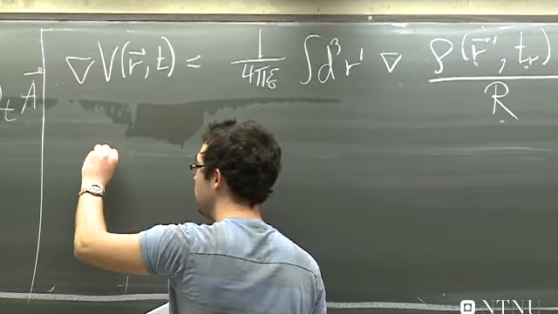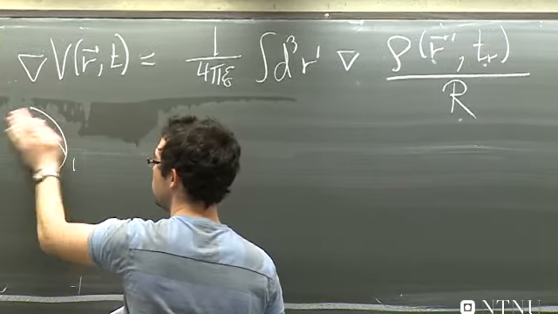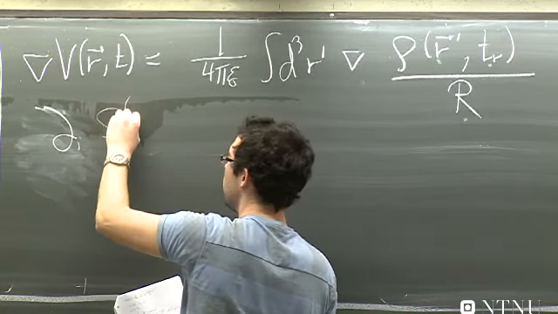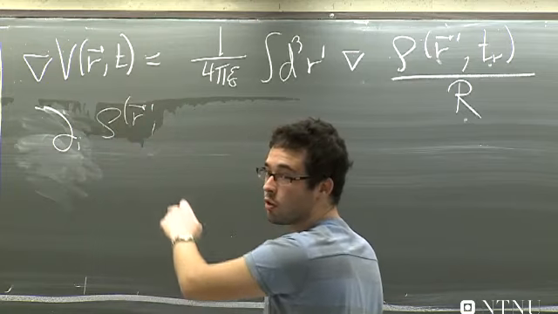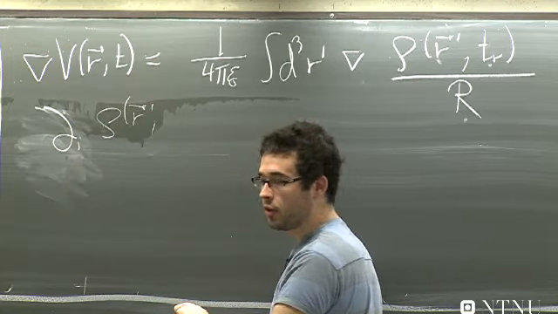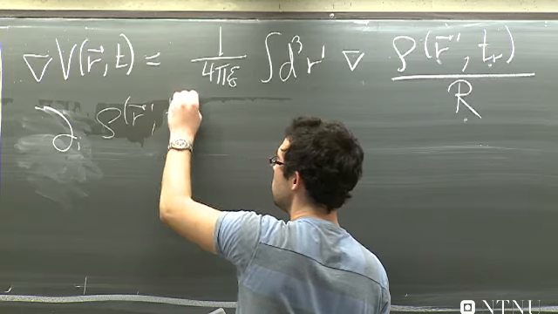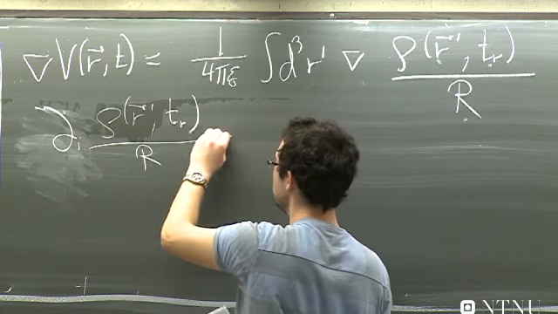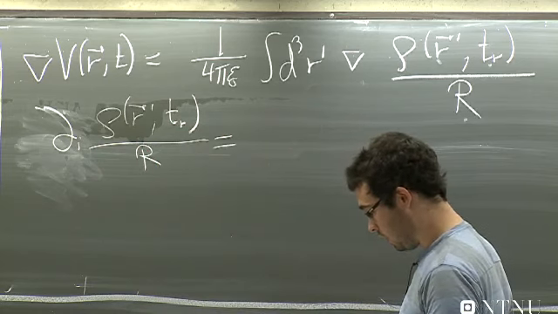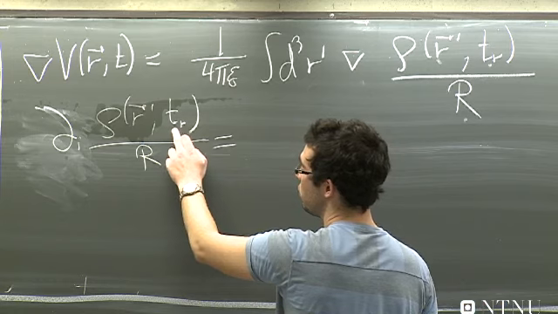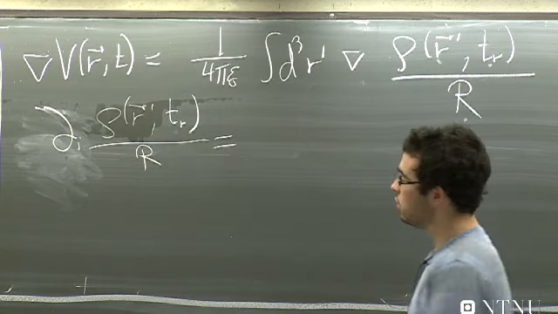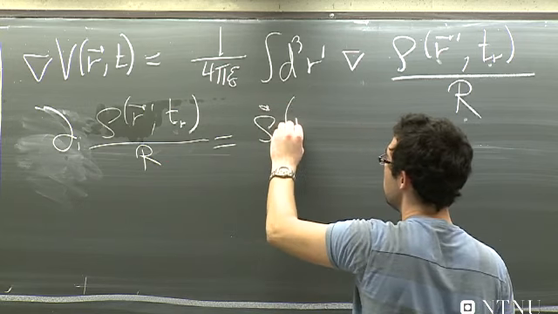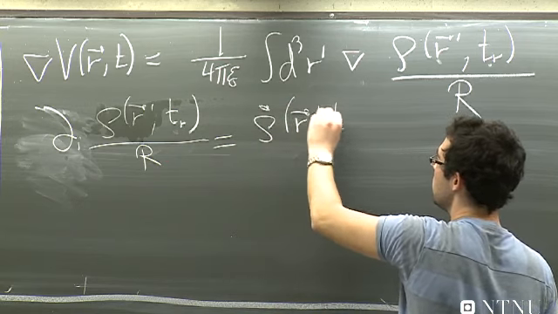What I'm interested in is d_i of rho of r prime, which is of no significance with respect to this derivative, and t_R, which does contain R vector over R. And if I do that, I first get a contribution from the numerator: rho dot of r prime, t_R.